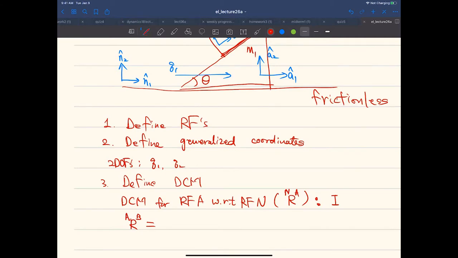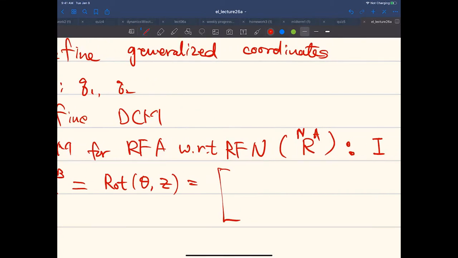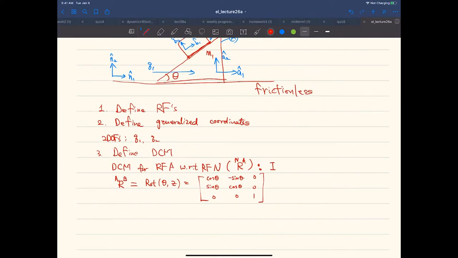So N3 or A3, it doesn't matter. Or even B3, they're the same. So it's rotation by theta about the z-axis. In other words, it's simply cosine theta, minus sine theta, sine theta, cosine theta, 0, 0, 0, 0, and 1. Okay. So we define our direction cosine matrices.